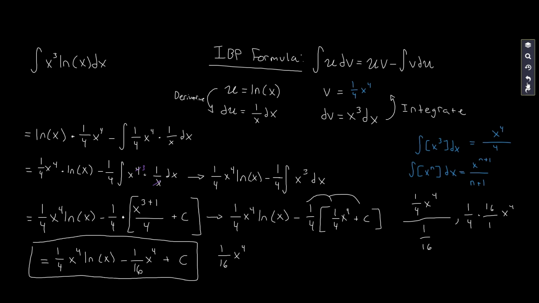I mean, it's not going to completely cancel, but it will turn into a 4. So 1/16 times x raised to the fourth power comes out front. Then in the parentheses, I'll have 4 times the natural logarithm of x minus 1, because remember, this is a negative 1/16 times x raised to the fourth power.